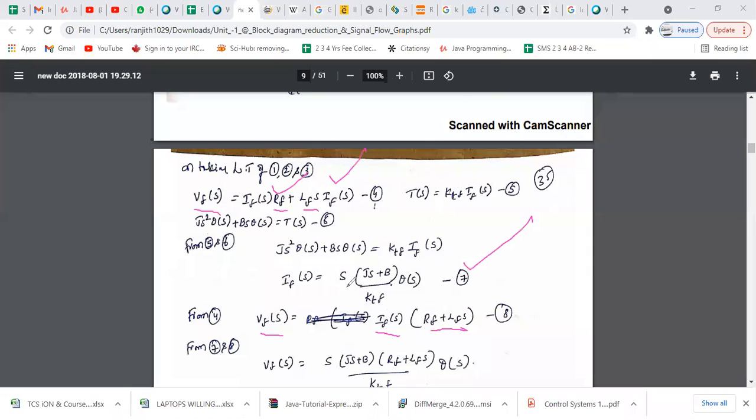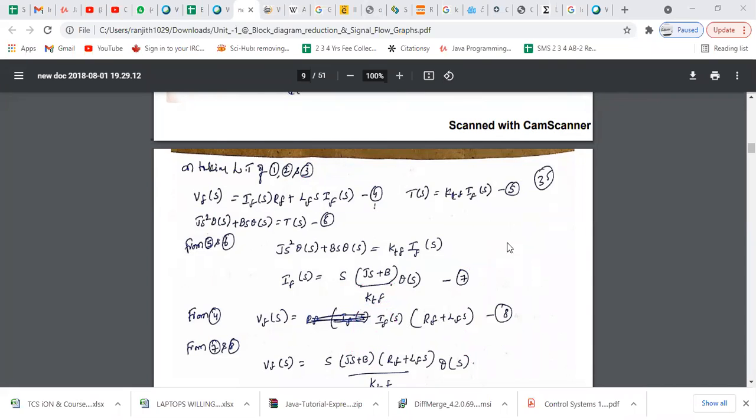This is the equation S into JS plus B by KTF into theta of S. You can also write it as JS square plus BS, no problem. So after substituting IF of S here, we get this equation.